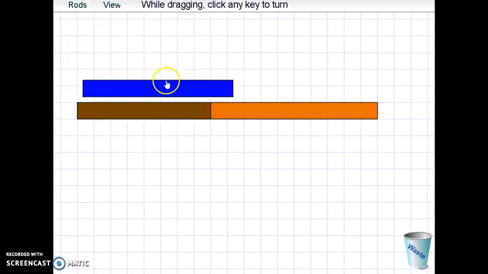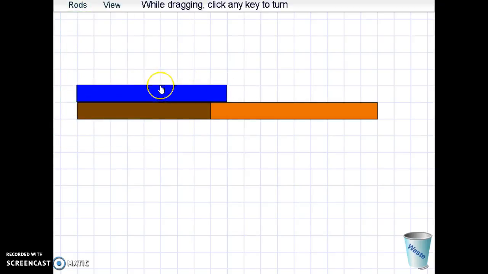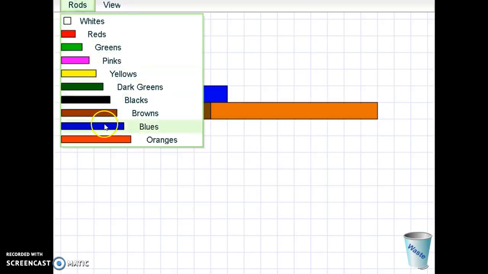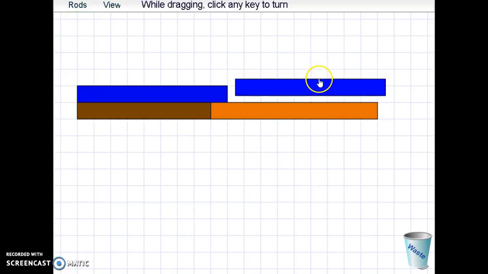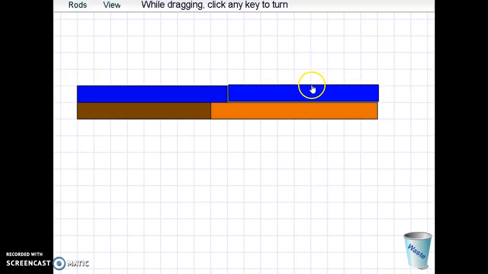We know that a blue is 1/2, and so I want to get them into some sort of common denominator, and we talked about this idea of common denominators. If you recall from the previous page, it doesn't matter which color we're using when we do our division. So we know that 1 whole is equivalent to these 2 blue rods. Now we want to do the division of this just like we did before.